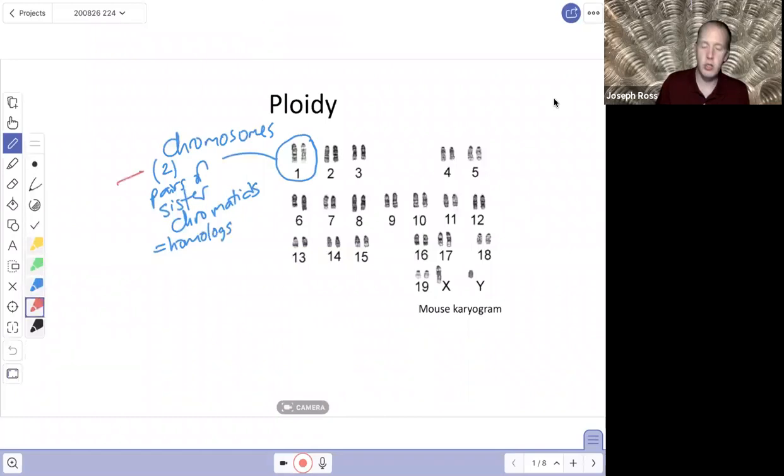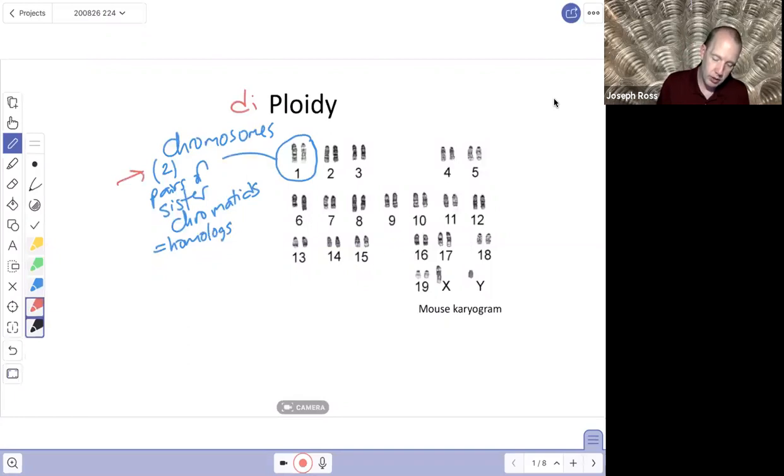There are 2 copies of each chromosome, 2 of chromosome 1, 2 of chromosome 2, 2 of chromosome 3. That is diploidy, or 2. At metaphase, there are 2 copies of every chromosome. That's also true outside of metaphase. This is just the phase in the cell cycle when we can observe chromosomes. So this is the stage at which ploidy is determined.